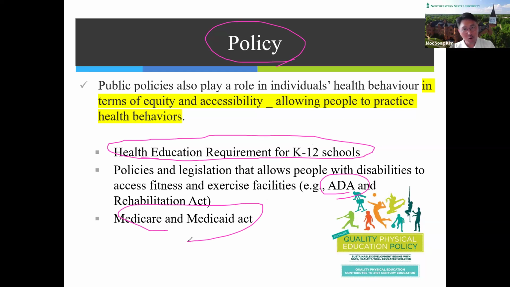This also allows all people to have the same opportunity to access healthcare services, right?